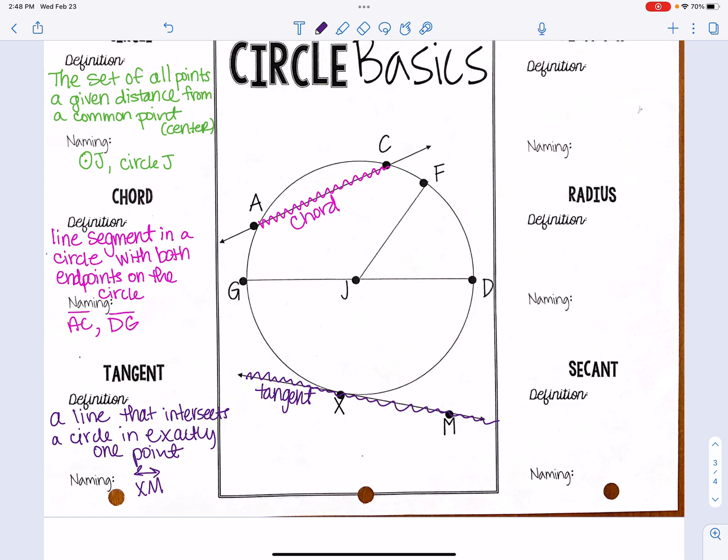One thing I'd like for you to add, draw a radius here from J to X, because your tangent is always perpendicular to your radius. So make a little note out to the side, perpendicular to the radius.